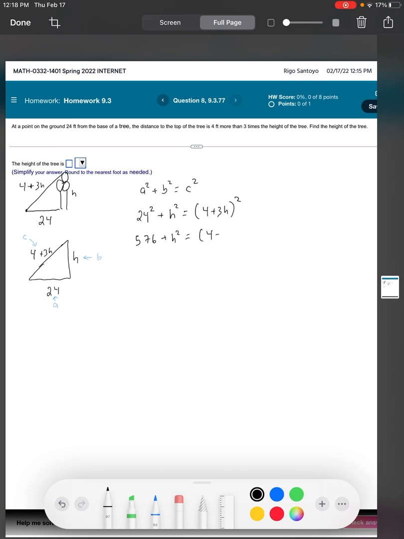This over here means that we have 2 of them, so we have to distribute. 4 times 4 is 16. 4 times 3h is 12h. 3h times 4 is another 12h. 3h times 3h is 9h squared. Bring everything else down.